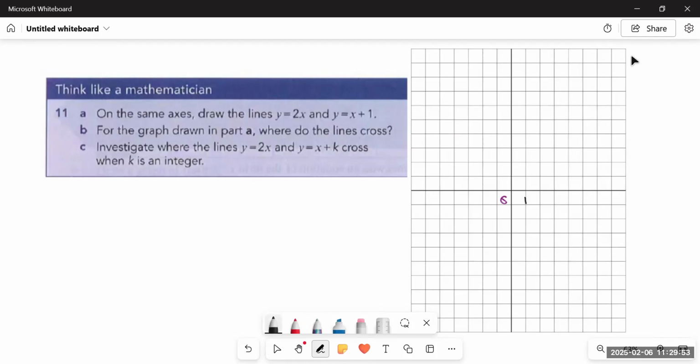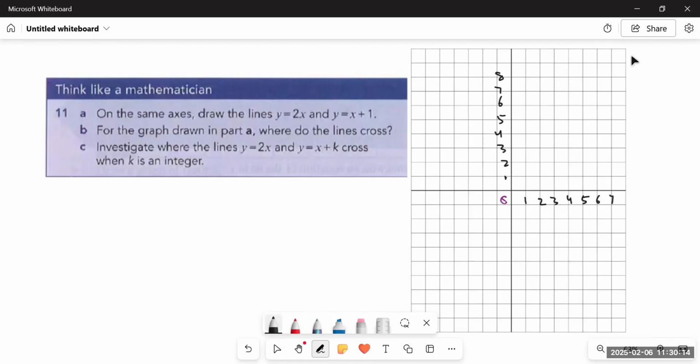Then this is 1, 2, 3, 4, 5, 6, 7. Okay. And for the y-axis, it could be like 1, 2, 3, 4, 5, 6, 7, 8.